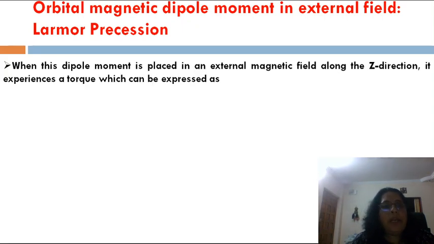Okay, when we place the dipole moment in an external magnetic field along the z direction, the magnetic field is acting along the z direction. So a torque is originated, and the value of that torque is taken to be μ cross B, where B is the magnetic field induction and μ is the magnetic dipole moment.